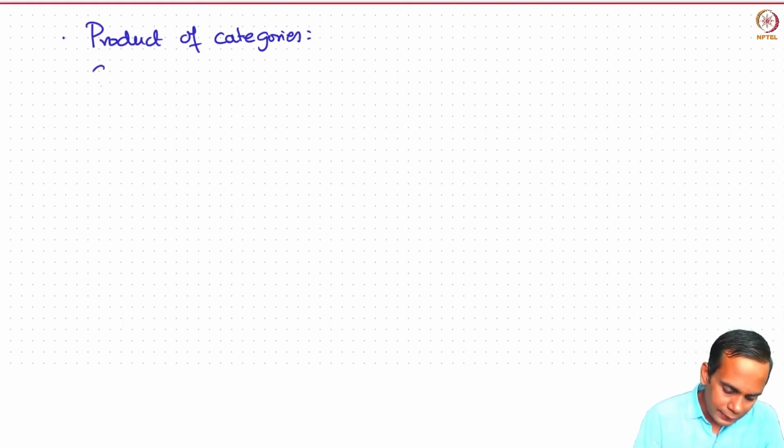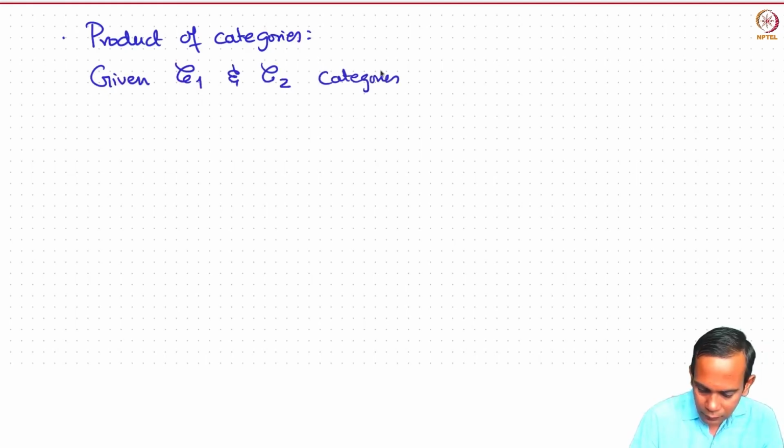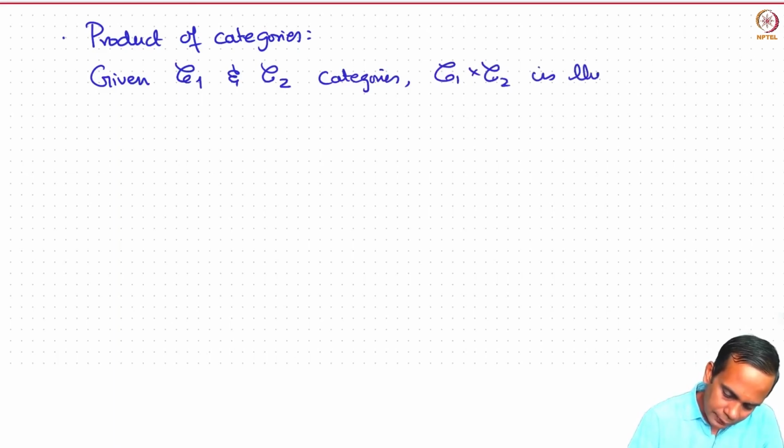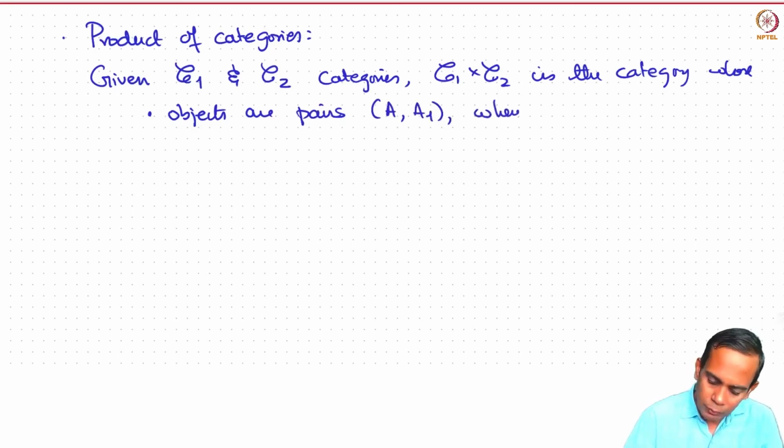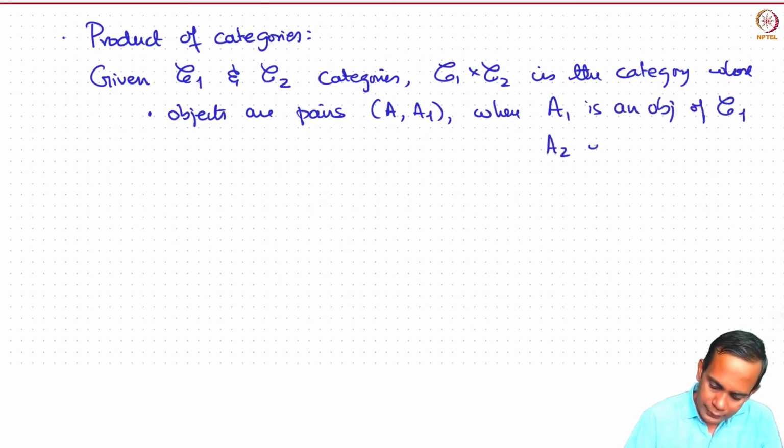So given two categories, C1 and C2, C1 cross C2 is the category whose objects are pairs A1, A2, where A1 is an object of C1 and A2 is an object of C2.